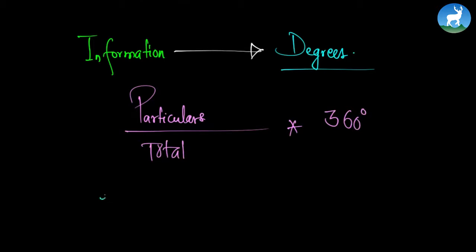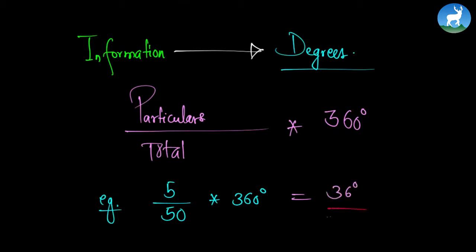For example, if the particular is, let's say, 5 out of 50, what does its value become in angles? This is 36 degrees. This is how you convert information into degrees. You divide particulars by the total and you multiply that with 360 degrees.